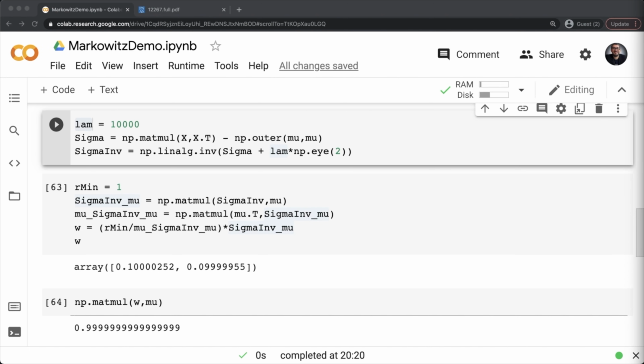Indeed, there exist a lot of different remedies to tackle this ill-conditioned problem. Another one, a very elegant one that I'm not going to be talking about in this lecture but will keep for future ones, is really related to the concept of principal component analysis or reduced rank optimization.